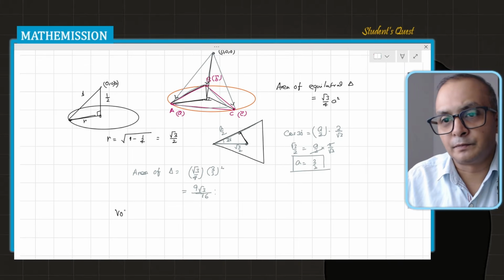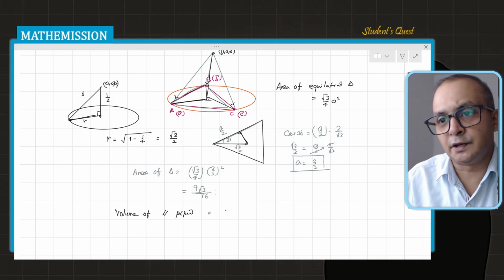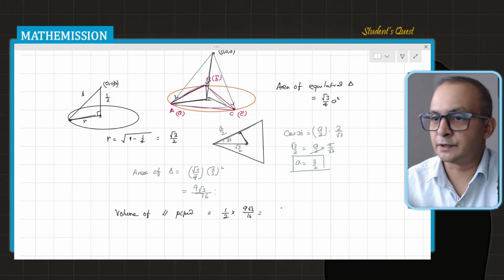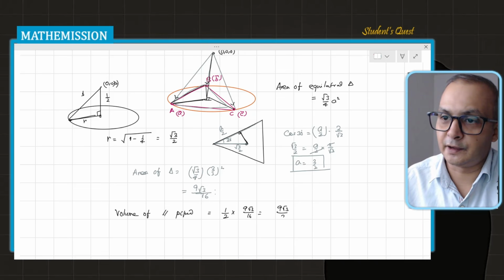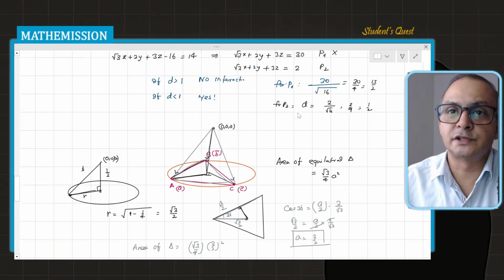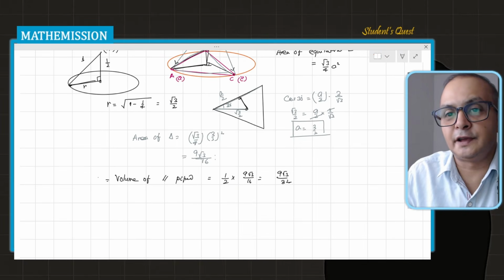So the volume of the parallelepiped is going to be 1 by 2 into 9 root 3 by 16. I don't know what the answer given is, but let's try. That is 9 root 3 by 32, and after that I have to substitute in 16 root 3 V. So this is the V I have.